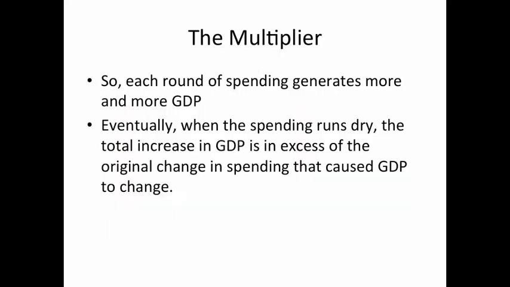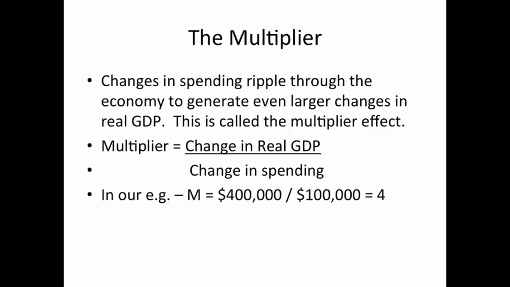So the idea is, each round of spending generates more and more GDP. When all those chain reaction spending rounds are being completed, when the spending runs dry, the total increase in GDP is some excess of that original change in spending. And so this ripple effect through the economy is what we refer to as the multiplier effect.